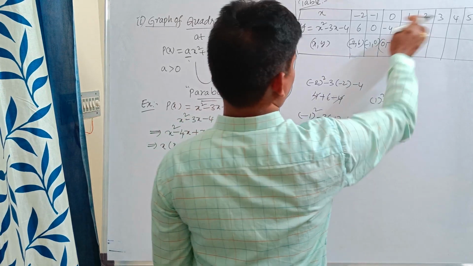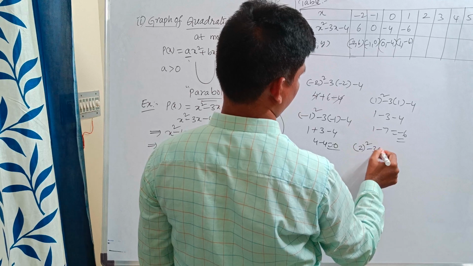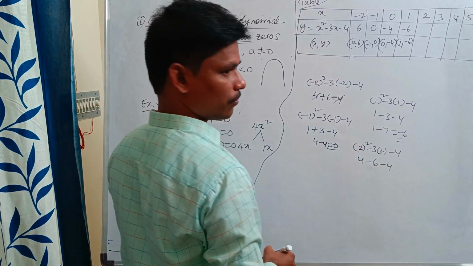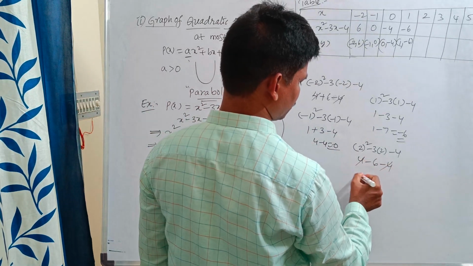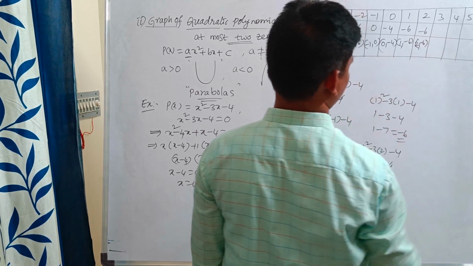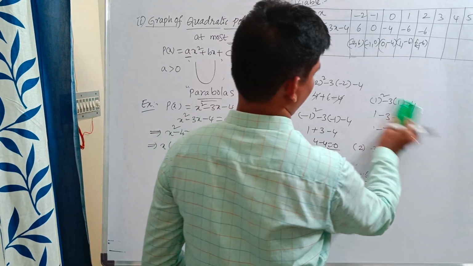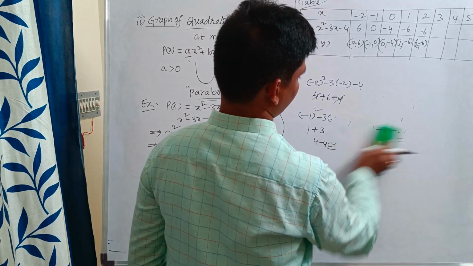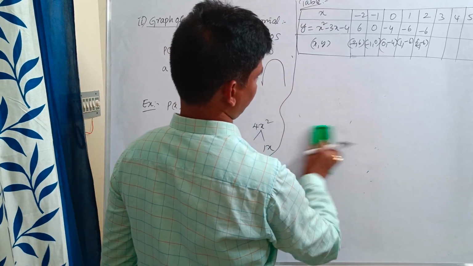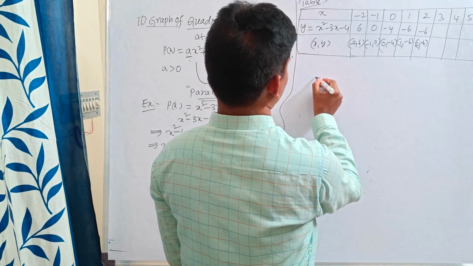Next put 2 in place of x. 2 whole square minus 3 into 2 minus 4. So 4 minus 6 minus 4, the 4 and minus 4 cancel, minus 6. So 2 comma minus 6 is the point. Next, 3.